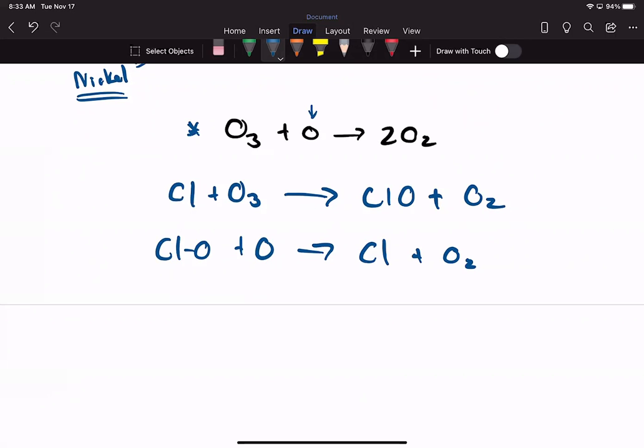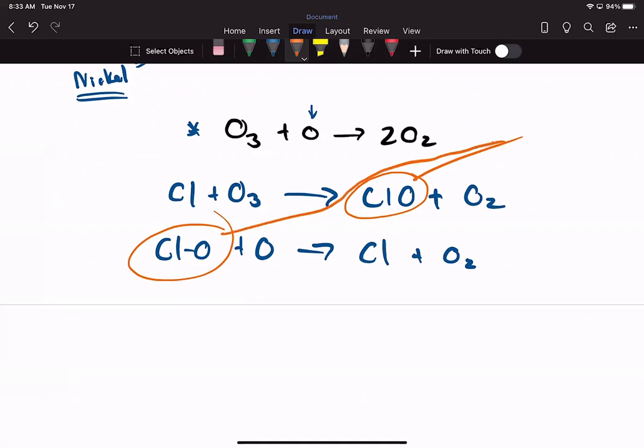And how do we tell the difference between a catalyst and an intermediate? There are differences between them. We've gone over intermediates, but let's go over it one more time. Here's an intermediate. How do I know that this is an intermediate?